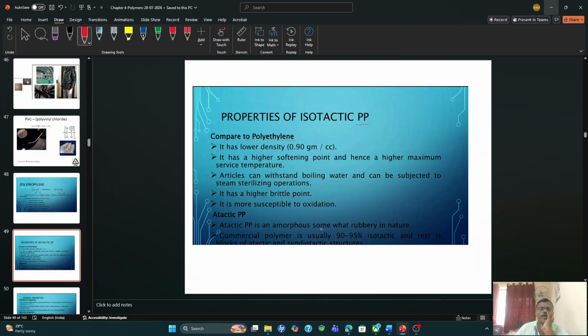And the atactic polymer, what is atactic? The methyl groups are in random arrangement. It is amorphous and rubbery in nature. Commercial polymer is usually 90 to 95% isotactic, and the remainder is syndiotactic and atactic.